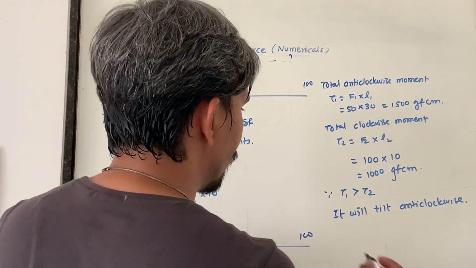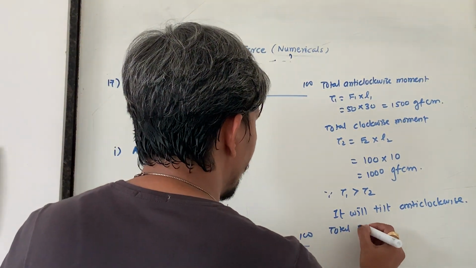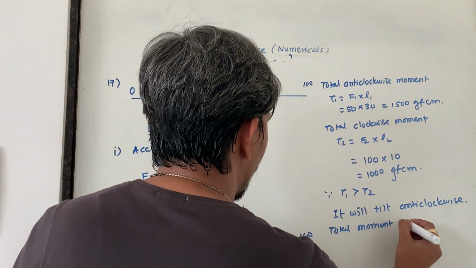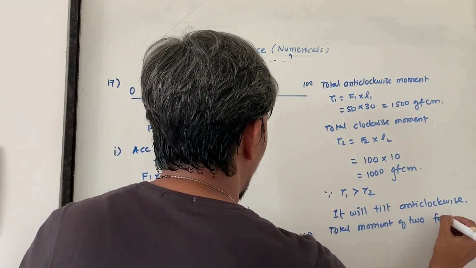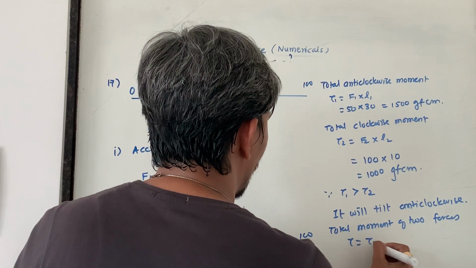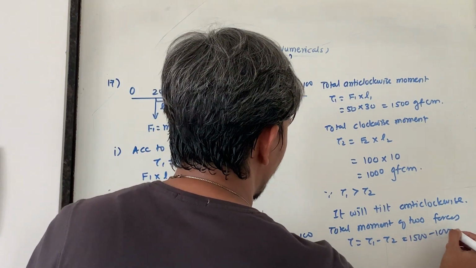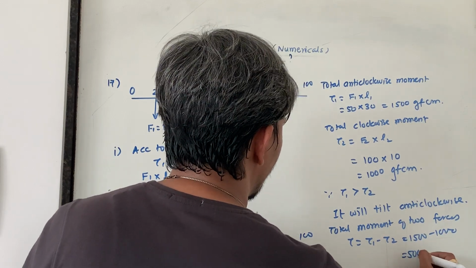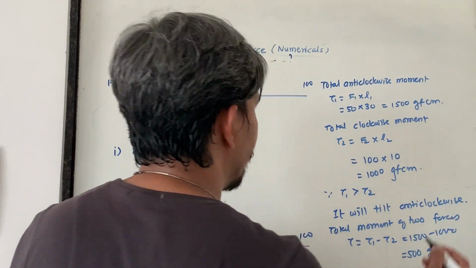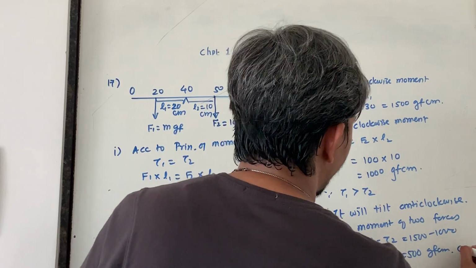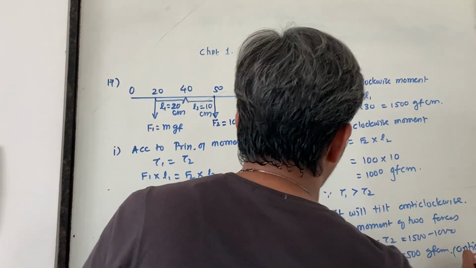Now next part, what is the total moment? So the total moment of the two forces is torque 1 minus torque 2, which is 1500 minus 1000, which is 500 gf centimeter. Direction will be anti-clockwise, right?